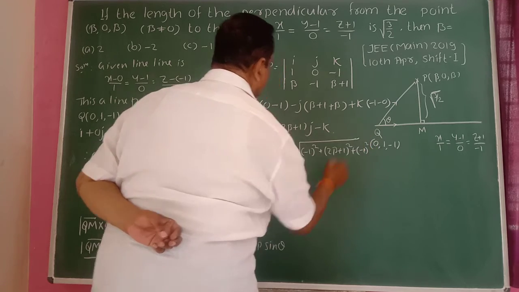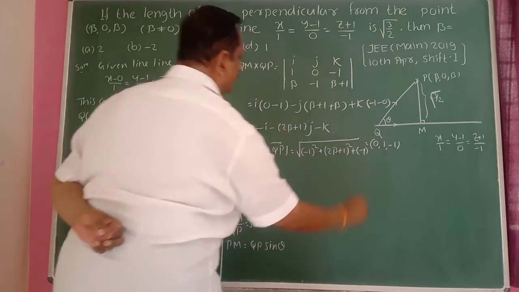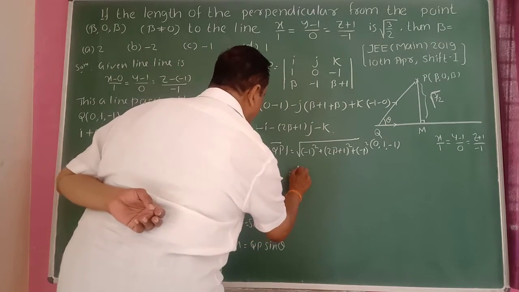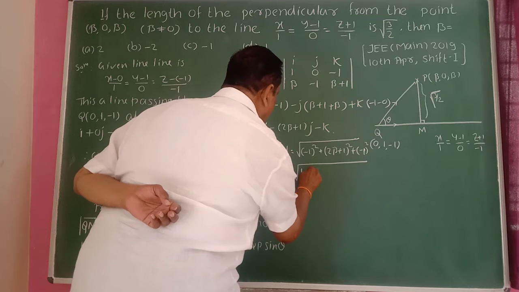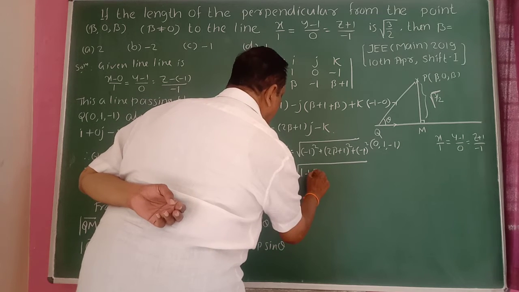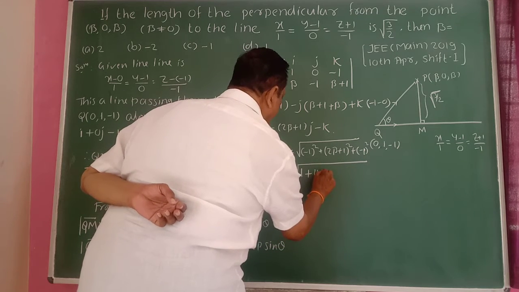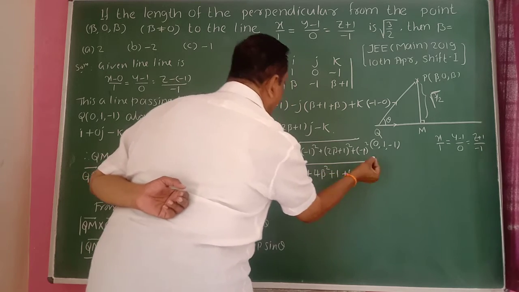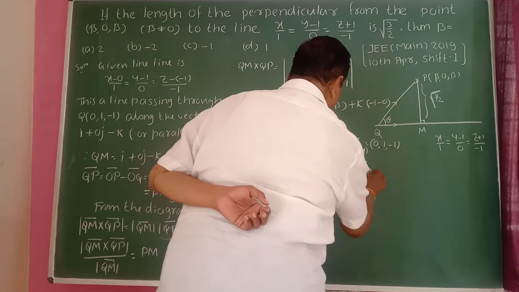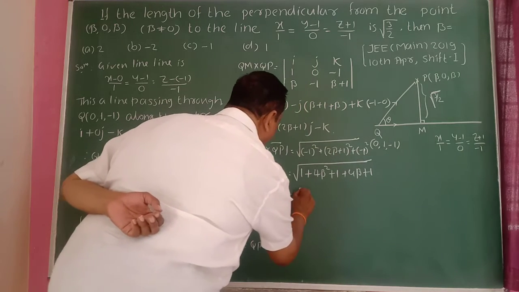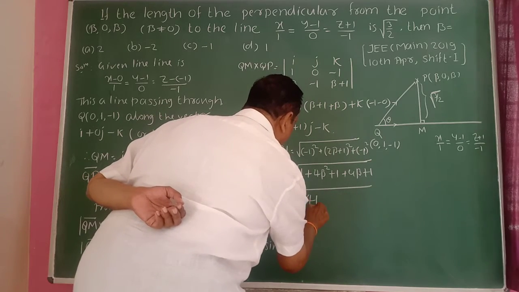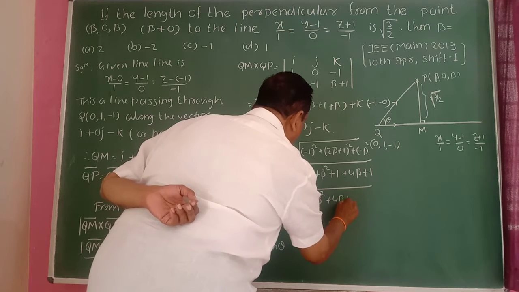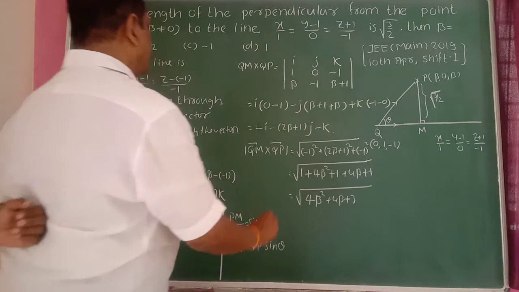Simplify this: the root of 1 plus 4β square plus 4β plus 1 plus 1, that is equal to the root of 4β square plus 4β plus 3.